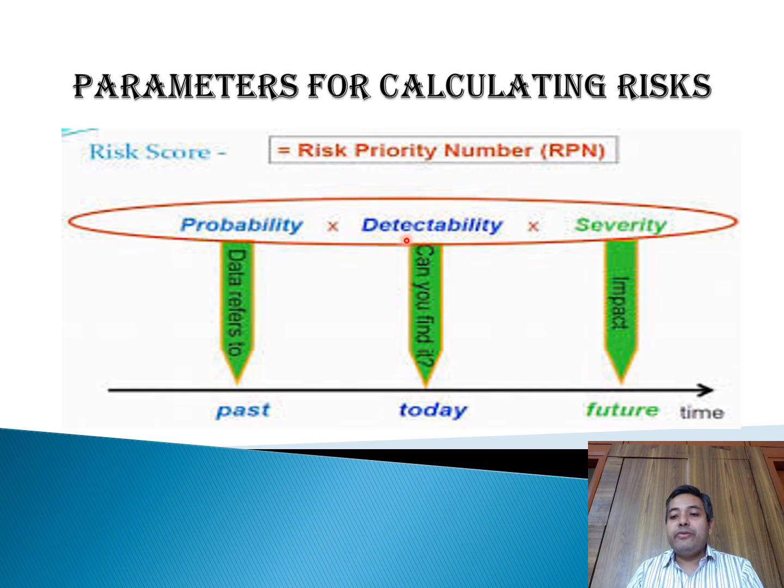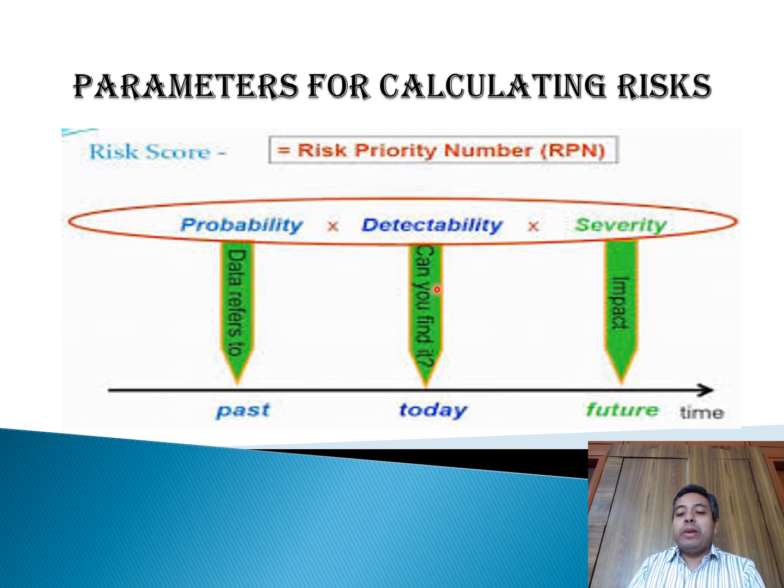Now, in risk evaluation of the risk assessment process, each identified variable or risk factor shall be analyzed and evaluated against three parameters known as severity, that is the extent of impact of risk on the quality of product; detectability, that is the strength of detection system; and probability, that is the likelihood of occurrence of failure.